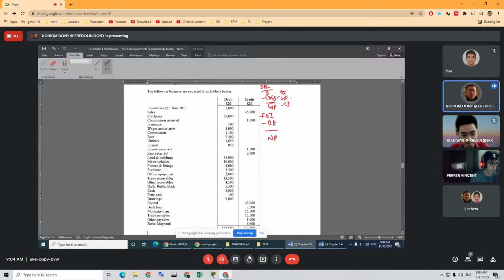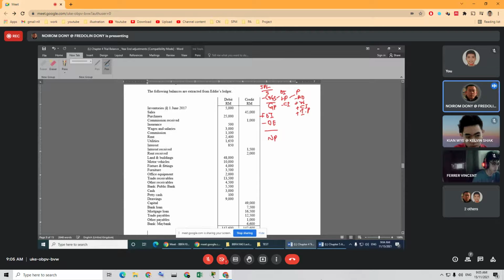But if we have further expenses on purchases, then you need to do the adjustment. Purchases less return outward, and then plus all the related costs, so we have wages, carriage inward, or even insurance on purchases.